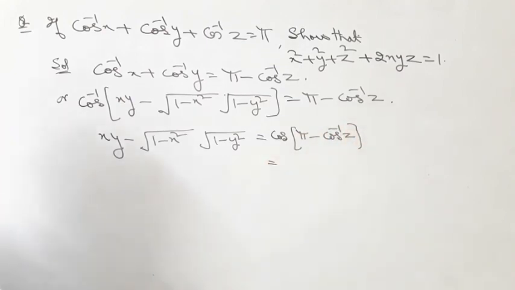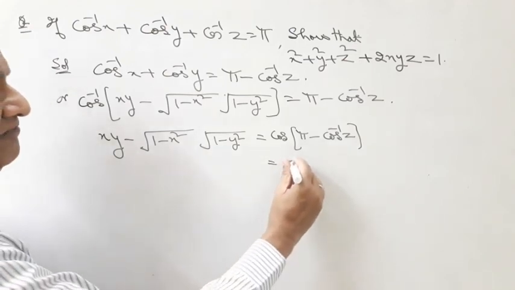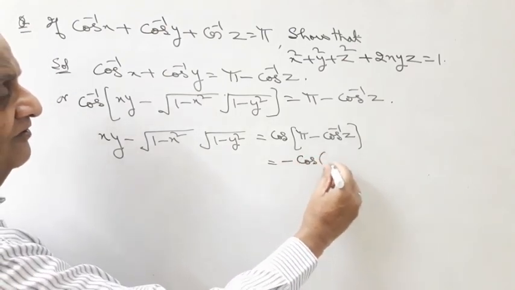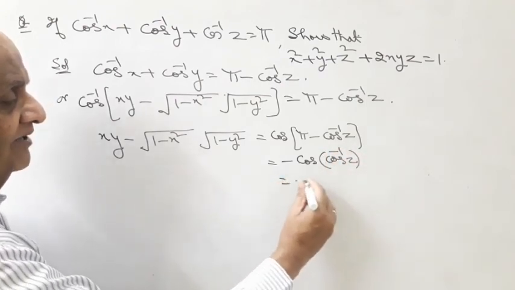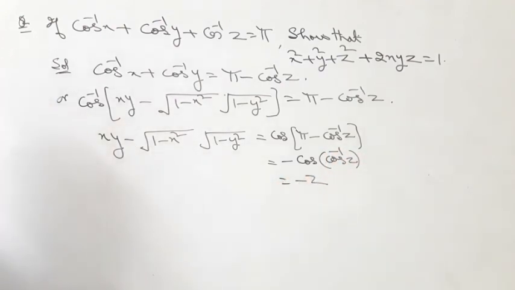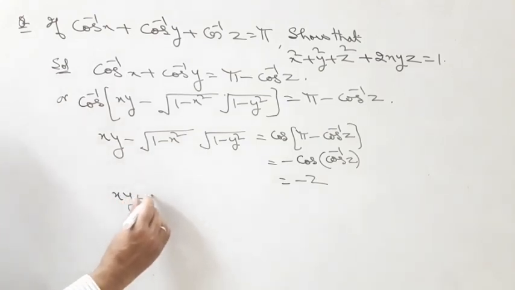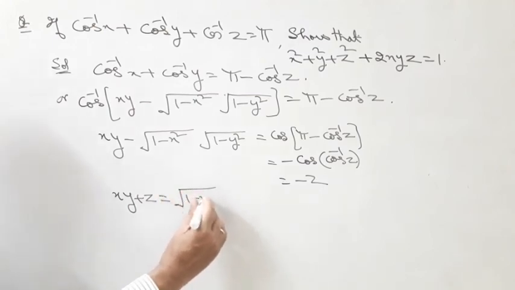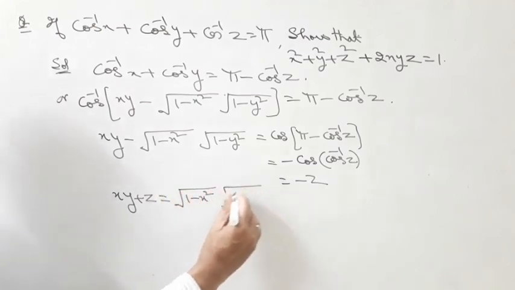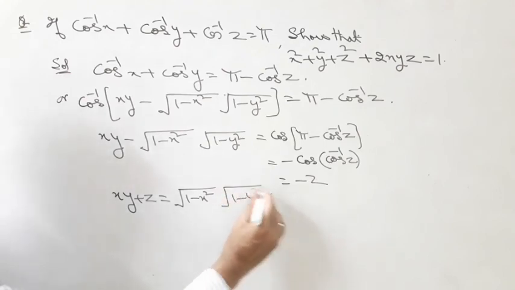This is equal to cos of 180 minus theta, minus cos of cos inverse z, that is minus z. By transposing, xy plus z is equal to square root of 1 minus x square times square root of 1 minus y square.